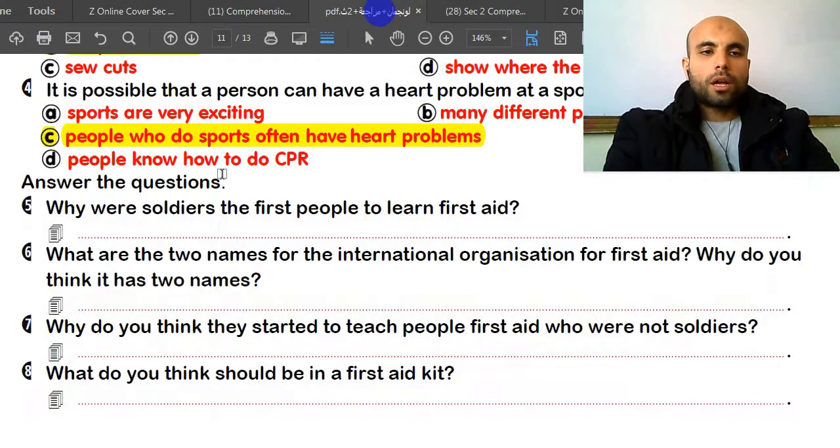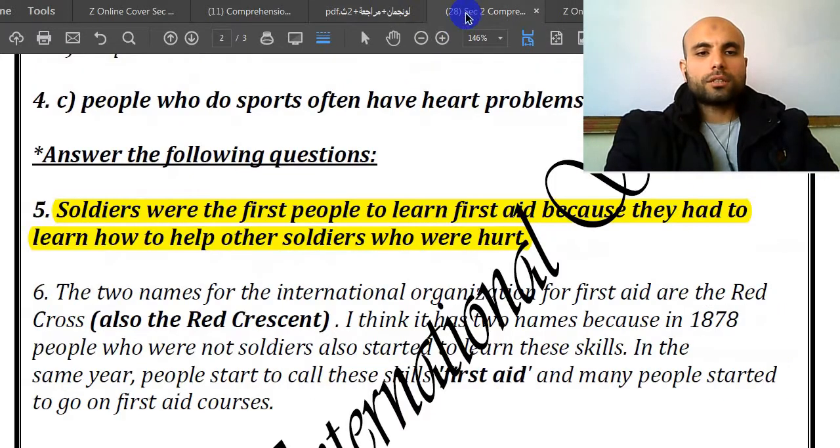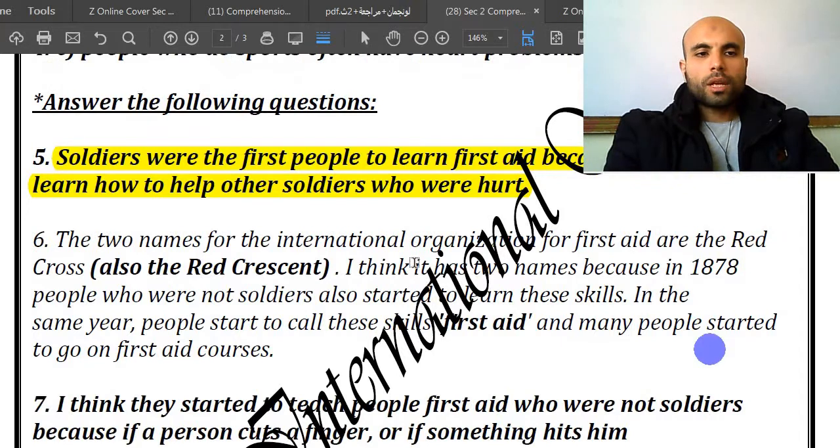Excellent. Number 6. What are the 2 names for the international organization for first aid? Why do you think it has 2 names? Here is the answer. The 2 names for the International Organization for First Aid are the Red Cross and the Red Crescent.